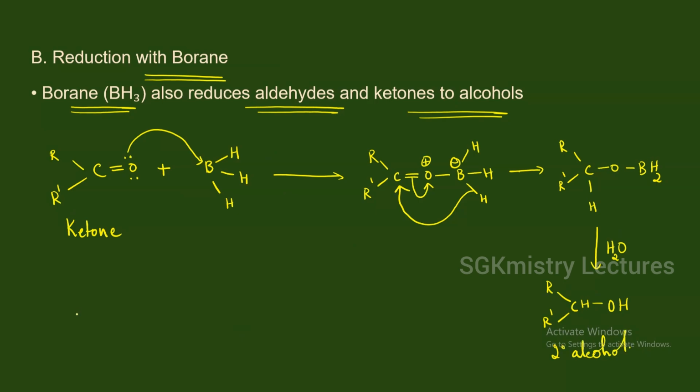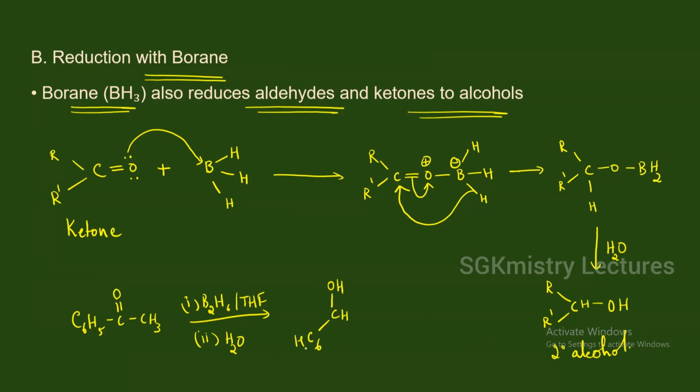So let us take the example C6H5, CO, CH3, in the presence of diborane, B2H6, THF as a solvent. And the second step is hydrolysis, as I already told you. So here you're going to get CHOH, C6H5, CH3.